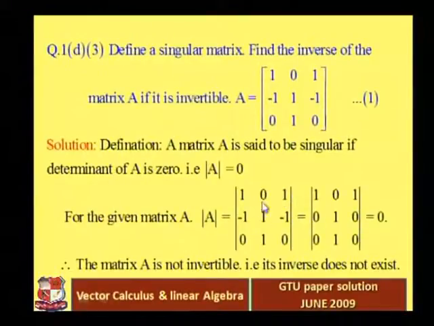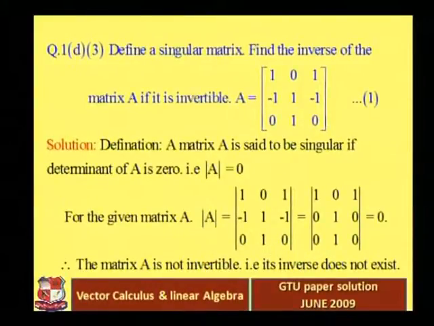Directly you can also find the determinant of this matrix, no problem. So the determinant of this matrix is equal to 0, just check it. Clearly the determinant of this matrix is equal to 0. So the inverse of this matrix does not exist.